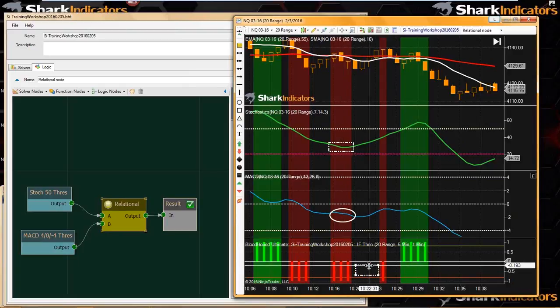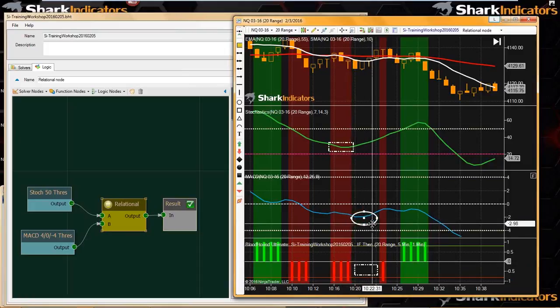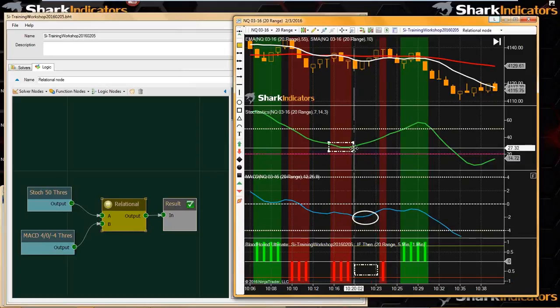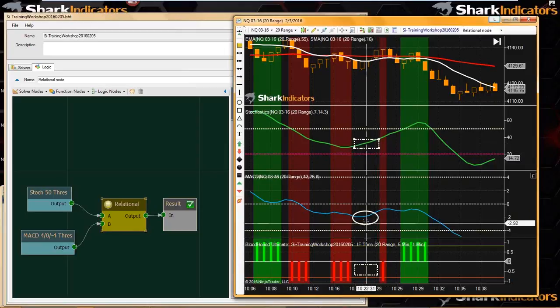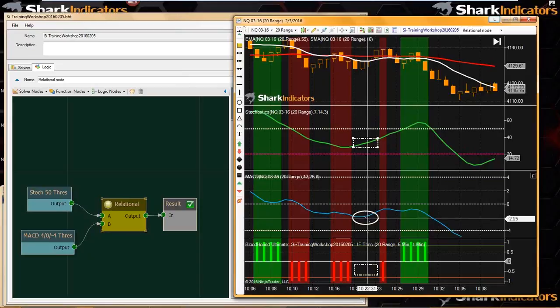Now if we look over here, the MACD actually has a greater output. So input B has the greater output. Is A greater than B? No, it's not, so there's no output.